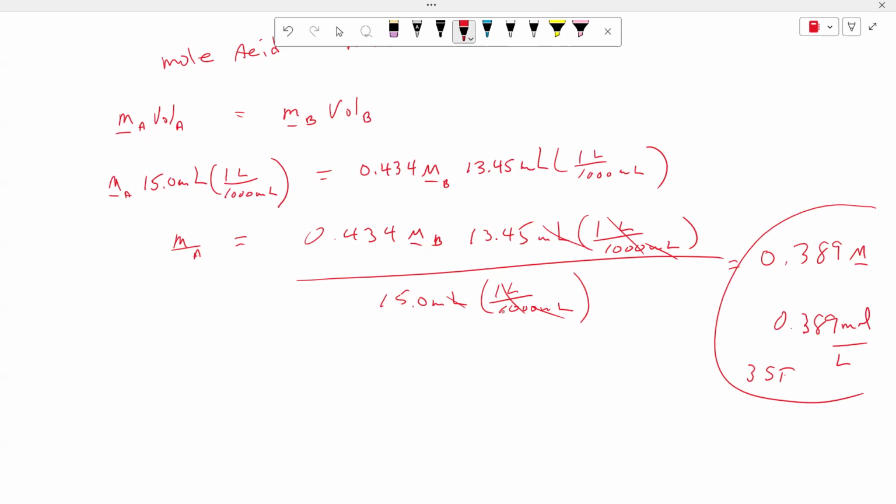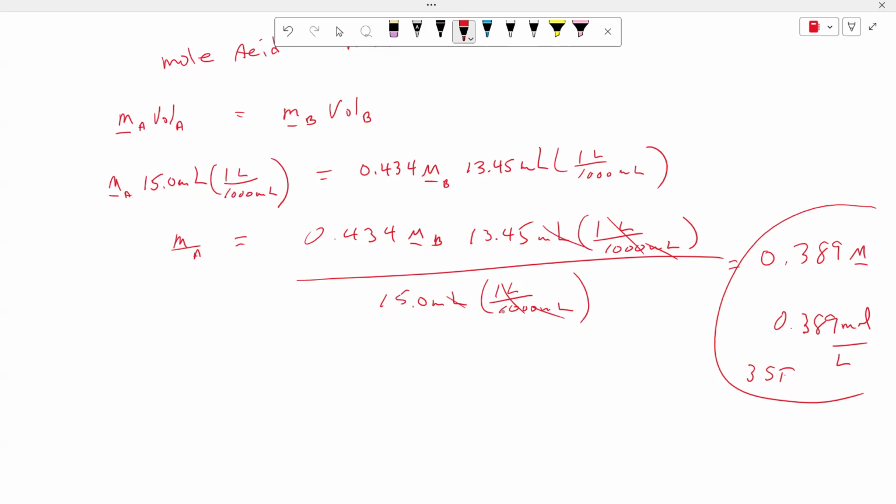The only difference is next week, instead of a liquid acid, we're going to be using a solid powder acid. And so you're going to be using the moles of that. It's going to be the molar mass of it. You have to calculate the molar mass, convert that to grams. Convert the grams to moles.